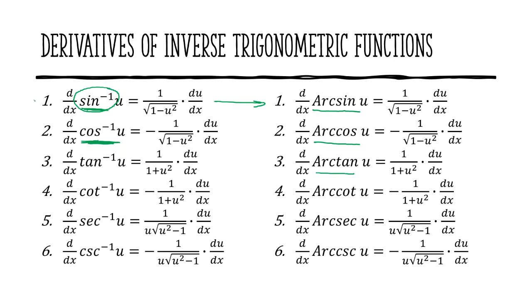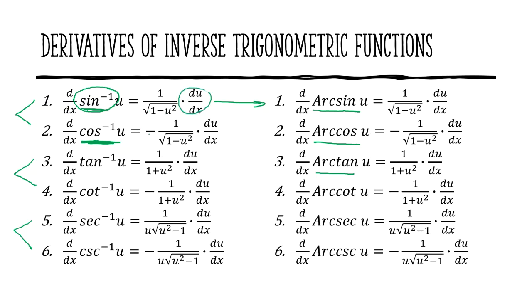As you can see from here, these are paired. If you observe, 1 and 2 are paired. Sine and cosine are paired. They have mostly the same derivative of an inverse trigonometric function. The derivative of arcsine is positive 1 all over square root of 1 minus u squared times the derivative of our u.